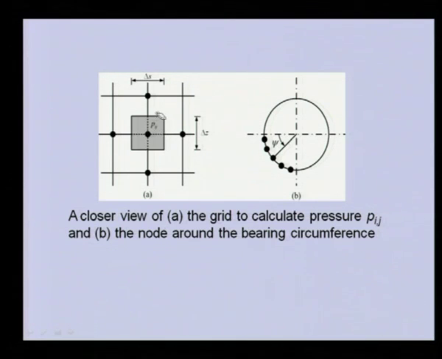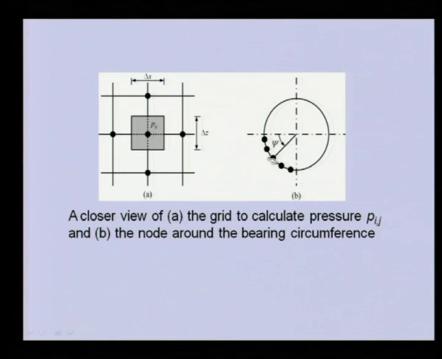If we take half of this and multiply by this area, that will give how much force this particular fluid is giving in the radial direction. So this is the way we obtain the force value from pressure.